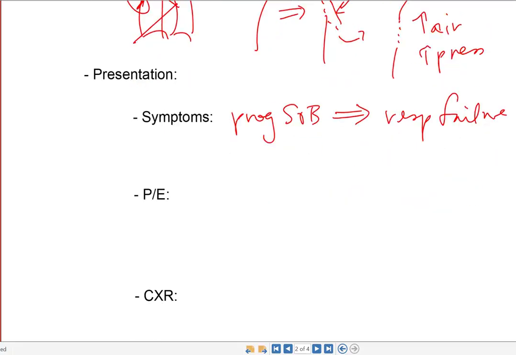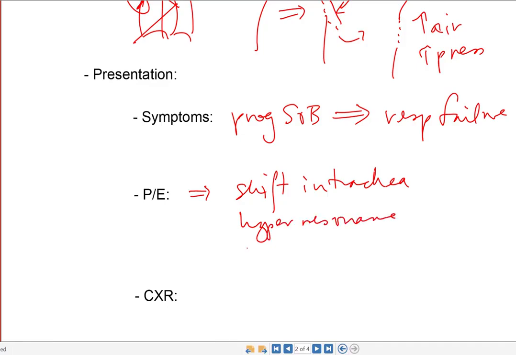On physical exam, when you look at the patient, you might see the shift in the trachea. So that's worth looking for first with this trauma patient that's getting short of breath. Obviously, you're going to see hyperresonance in the area over the lung, and of course, there's going to be decreased breath sounds.